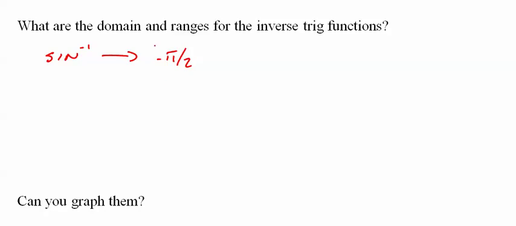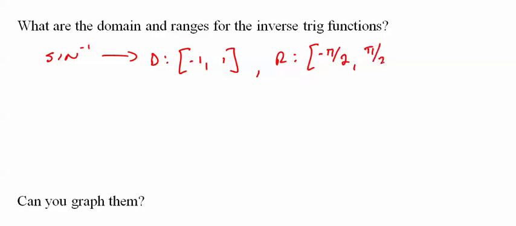This is the range, of course. I guess I should do domain first. Domain, since it's an inverse function, is from -1 to 1 inclusive. And the range is negative pi over 2 to pi over 2 inclusive.